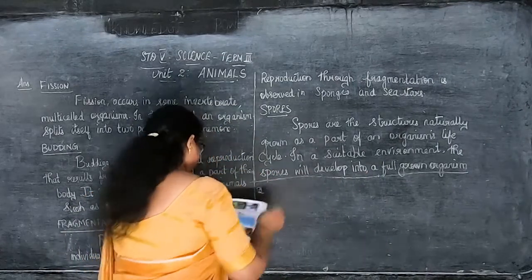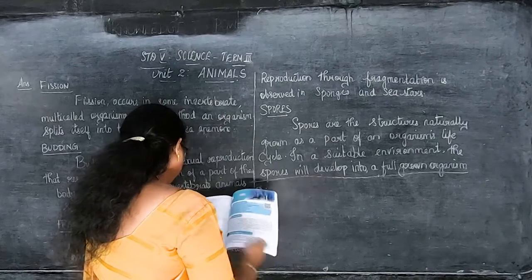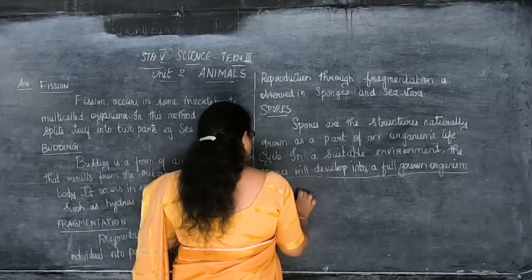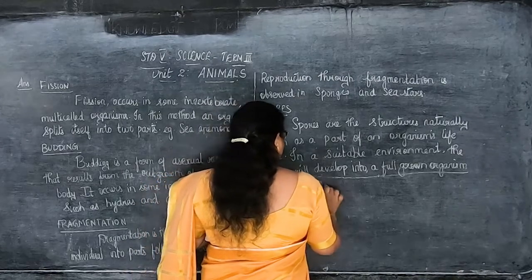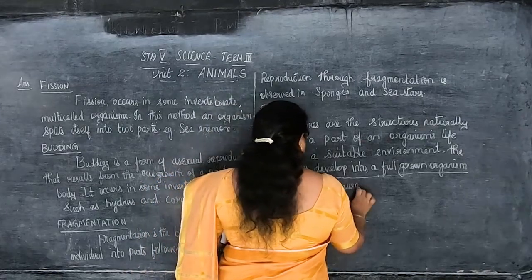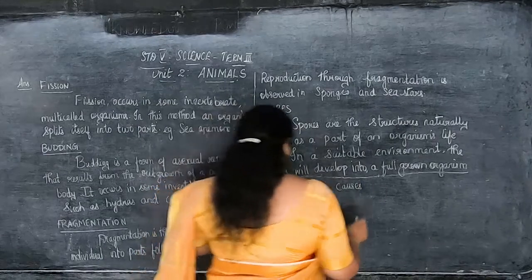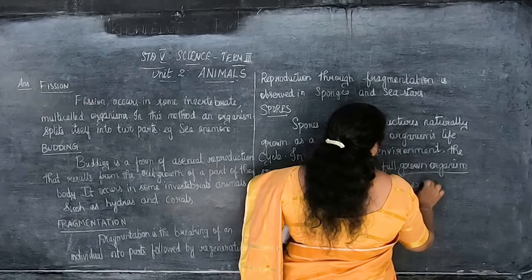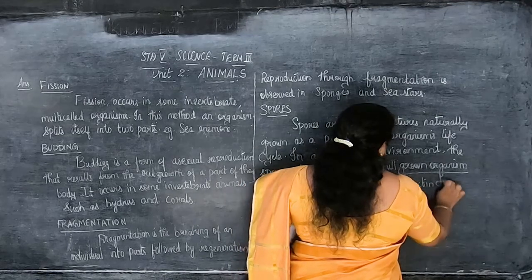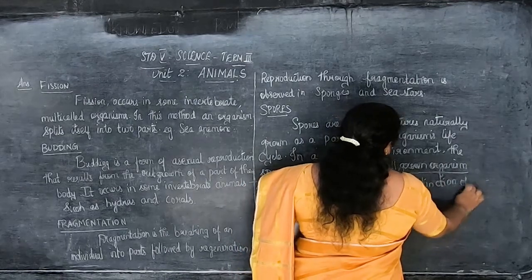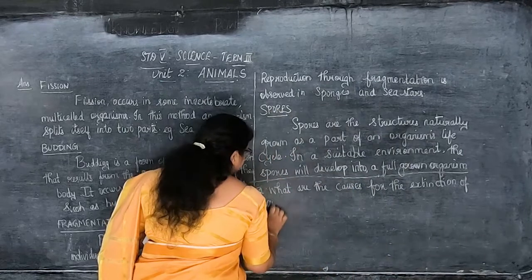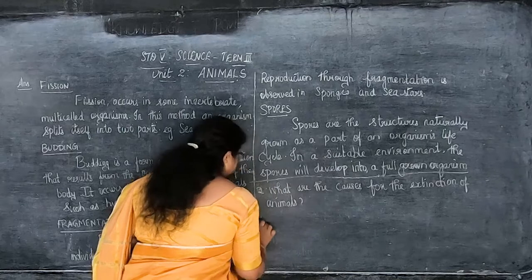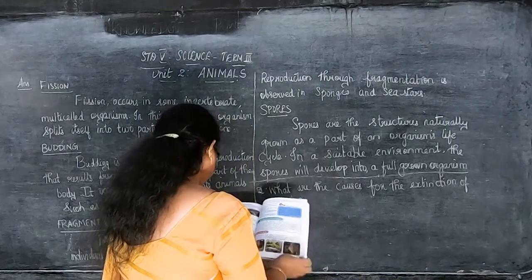Now second detail. What are the causes for the extinction of animals? So any 5 points is enough, children. Okay, extinction of animals.